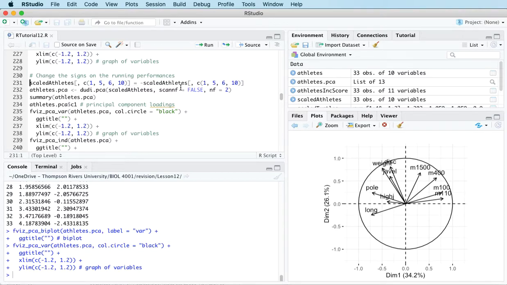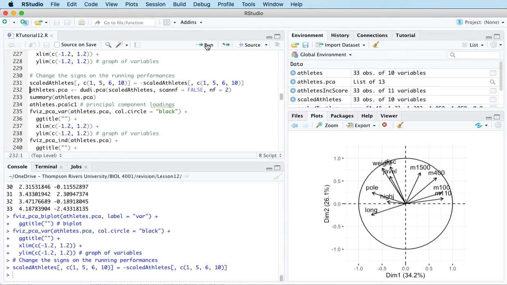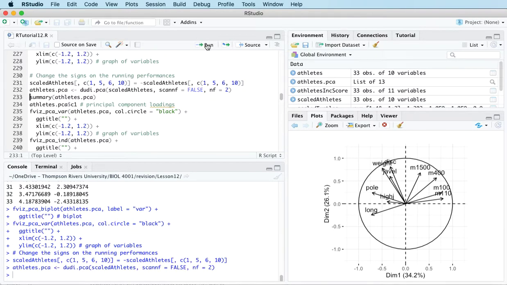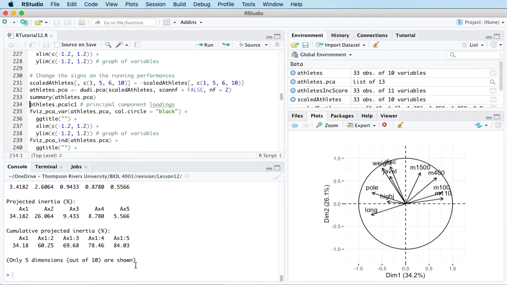That will mean all the variables are now set up so that the higher the number, the greater the number, the better the performance.